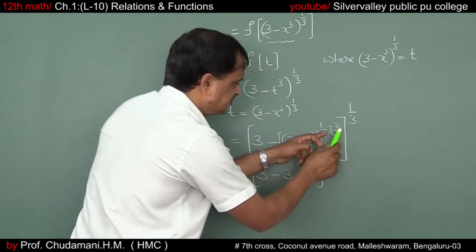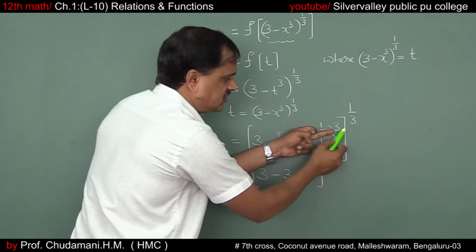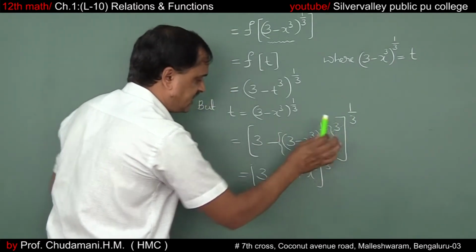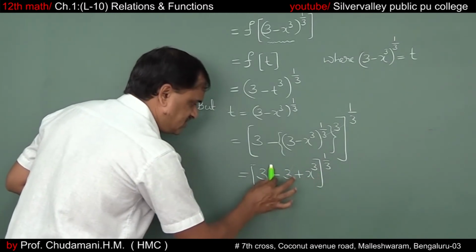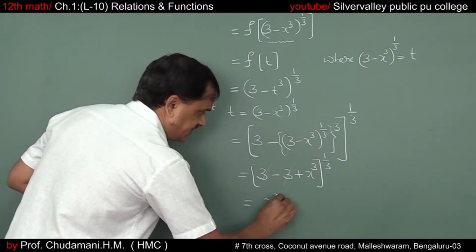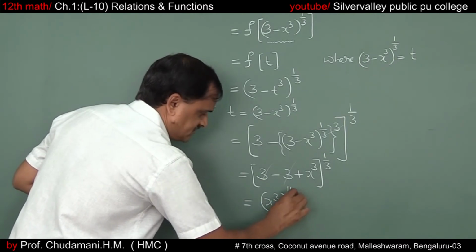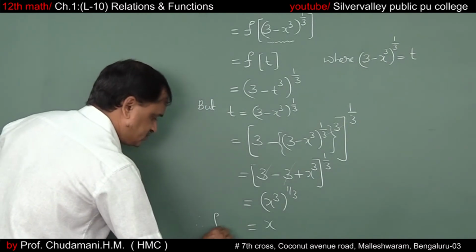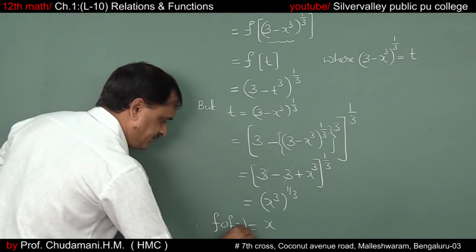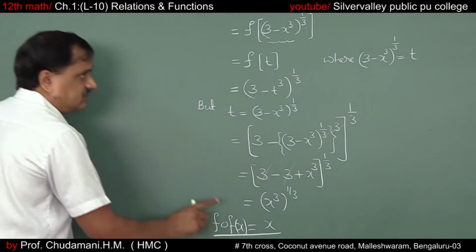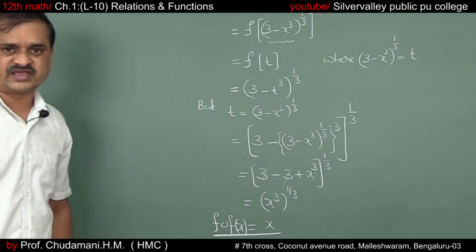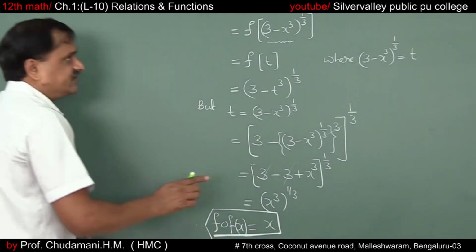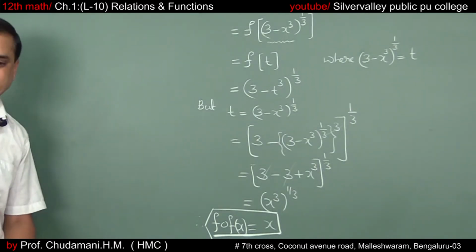Don't make a mistake like this: 3 and 1 by 3 won't cancel. So 1 by 3 and this 3 gets cancelled actually. Now plus 3 minus 3 gets cancelled. x cube the power 1 by 3. So therefore we are left with, again, 3 and 1 by 3 gets cancelled. So composition of f and f is x. That means it is an identity function actually. Okay. So composition of f and f is x, under the 2 mark section.